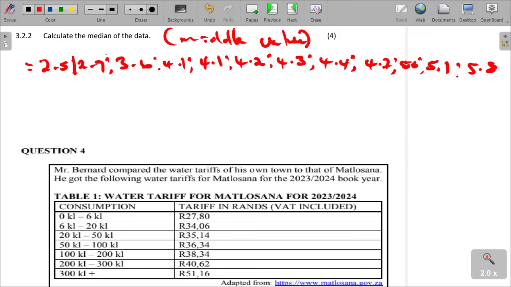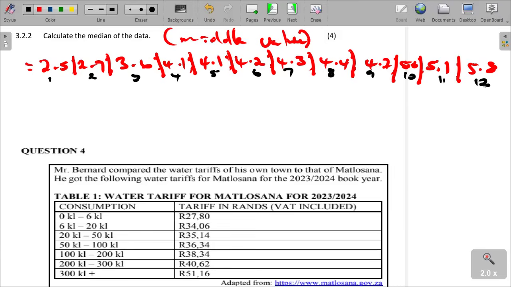and then identify the middle number. Which one is the middle number? Let me count: 1, 2, 3, 4, 5, 6, 7, 8, 9, 10, 11, 12.